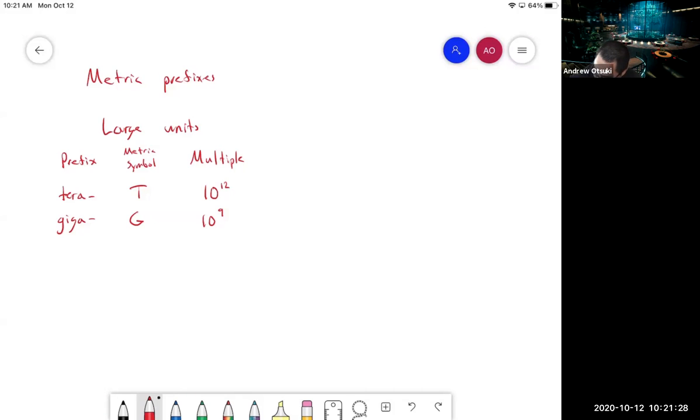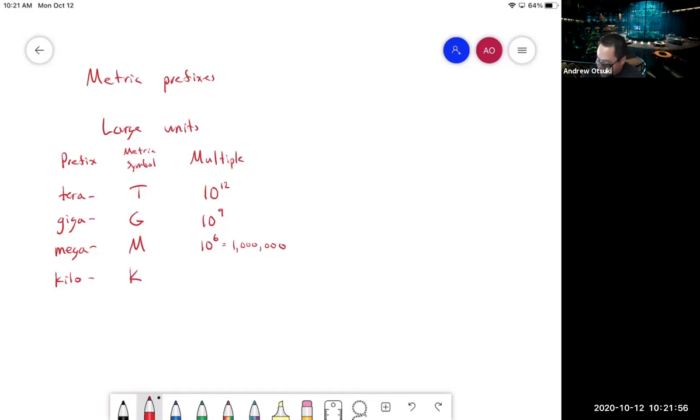Okay, mega is million. So the mega is M, and that is 10 to the 6th. And I'll write out what 10 to the 6th is. It's 1 million, just for a reference point. Then now we go to kilo, which is 1,000.